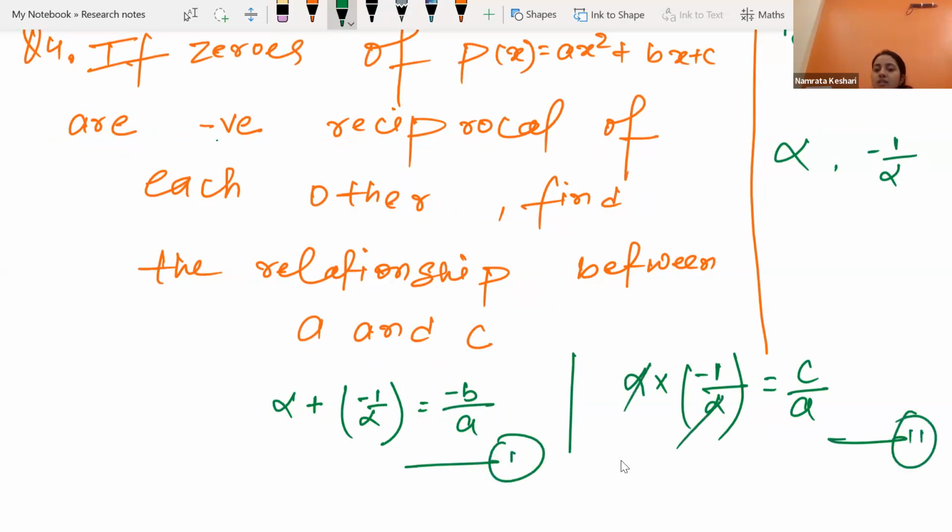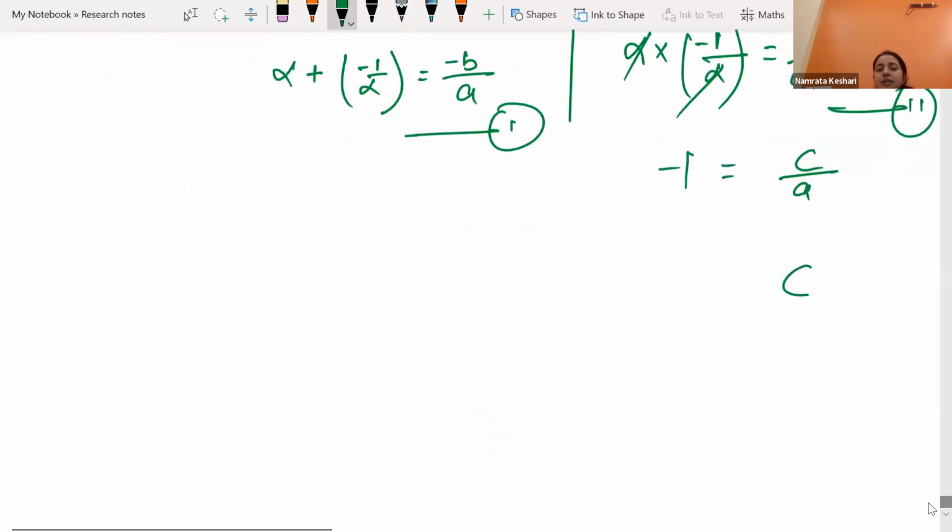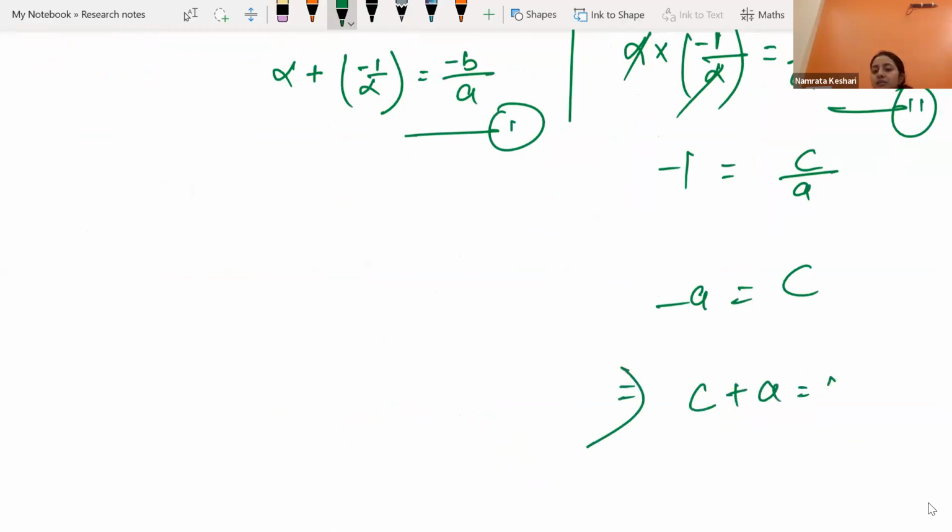So we are getting c by a is equal to minus 1, and from here we get c is equal to minus a, or a is equal to minus c. Right? That is the relation. Now either you can write the final equation as c plus a is equal to 0, or you can write this as minus a minus c.